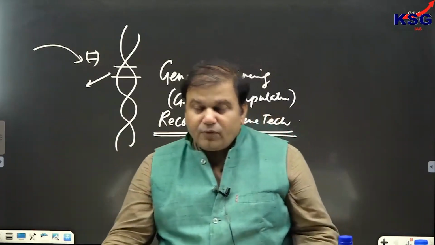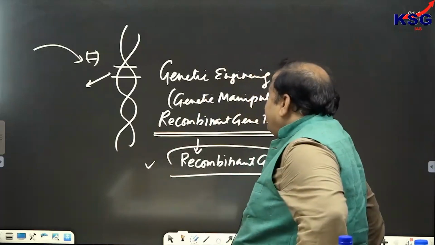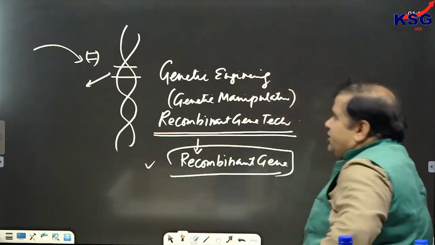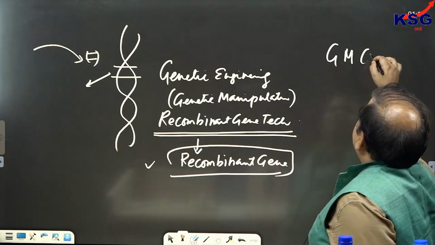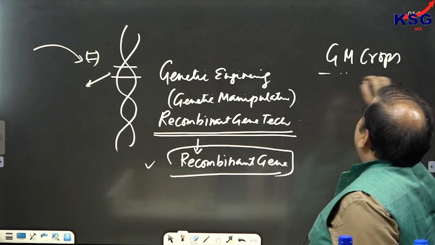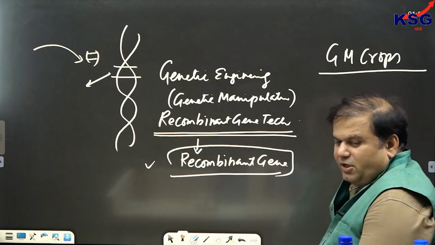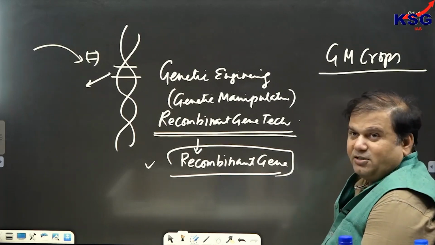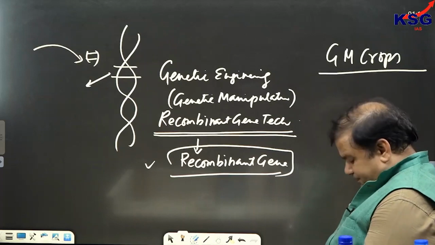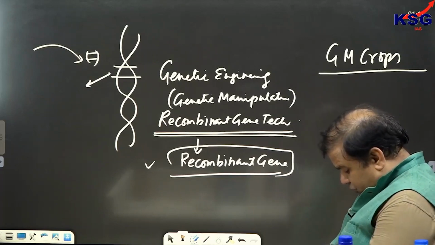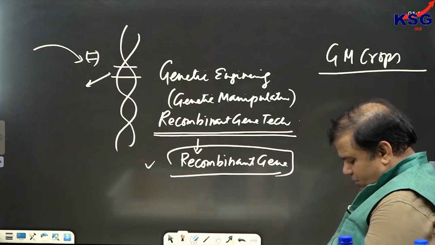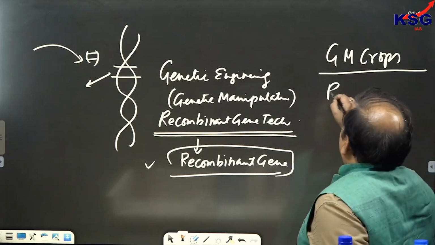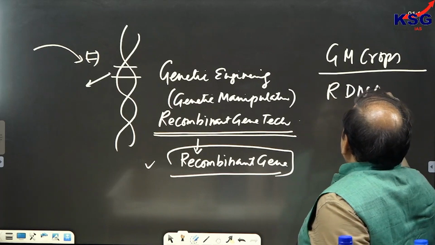Now, when we are talking about GM, genetically modified crops, GM crops are those crops in which genetic engineering has been conducted. Clear? That's why we say that GM crops are those which would essentially have rDNA present in them. rDNA means recombinant DNA.